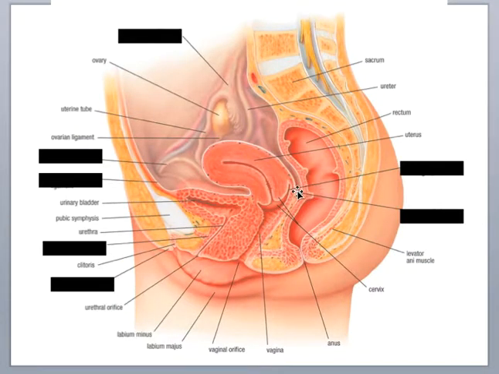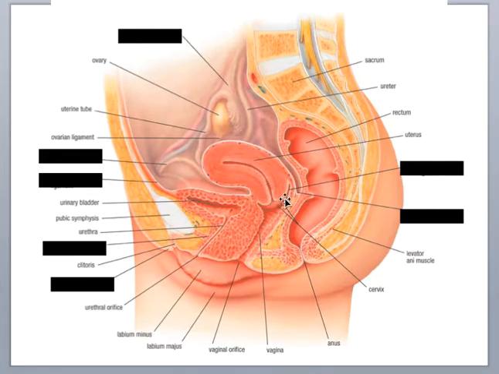Here's a sagittal section. This is the uterus, real thick myometrium, right? So this big, thick middle layer has lots and lots of smooth muscle, way more than this collapsed structure, which is the bladder. So the bladder, the urethra, and the urethral orifice are anterior or ventral to the uterus.